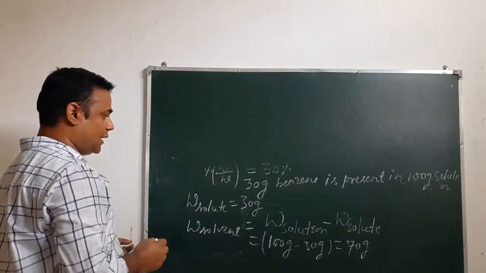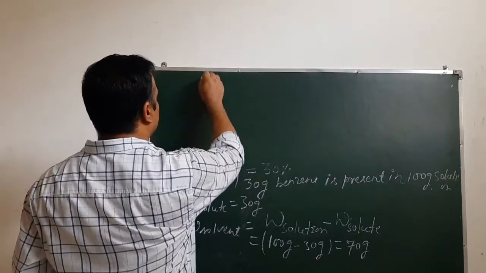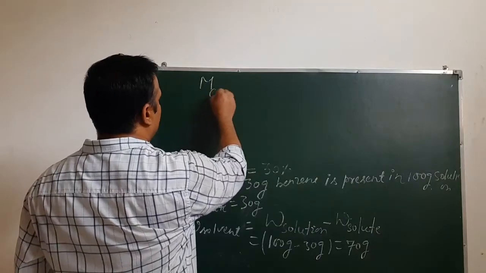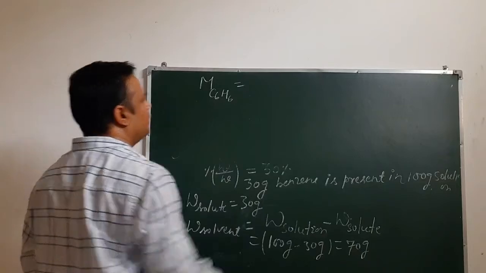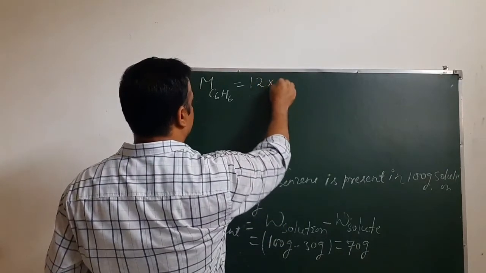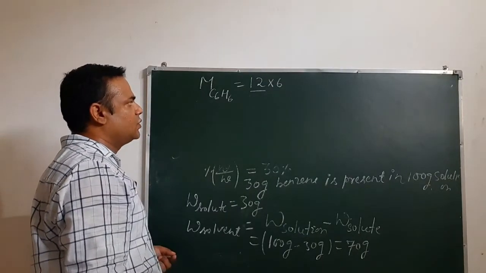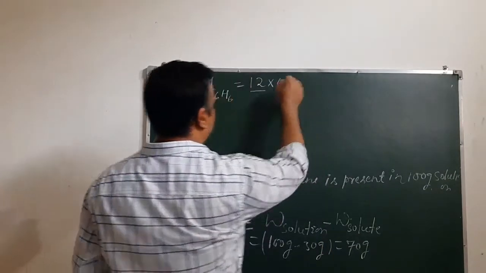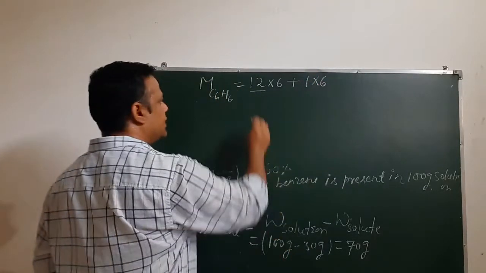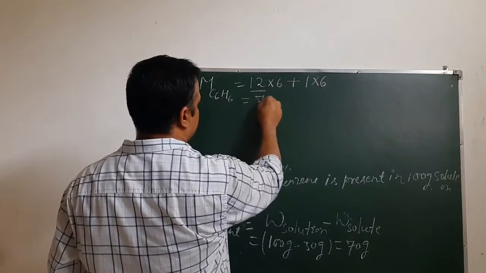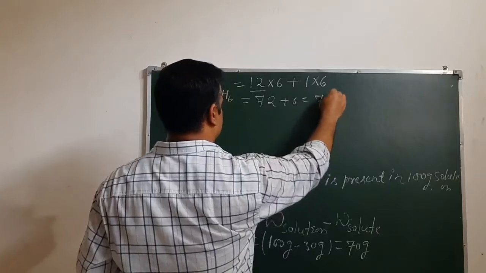Now we have to calculate moles of benzene. Before calculating moles of benzene, we have to calculate molar mass of benzene. So molar mass of benzene will be 12 into 6. 12 gram is molar mass of carbon and 6 carbon is there. So 12 into 6 plus molar mass of hydrogen is 1 gram and 6 hydrogen is there, so multiplied by 6. 12 sixes are 72 plus 6 equals 78.